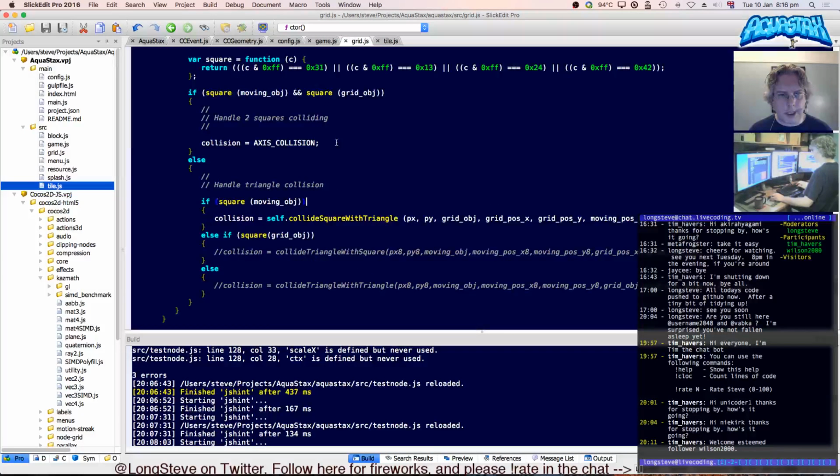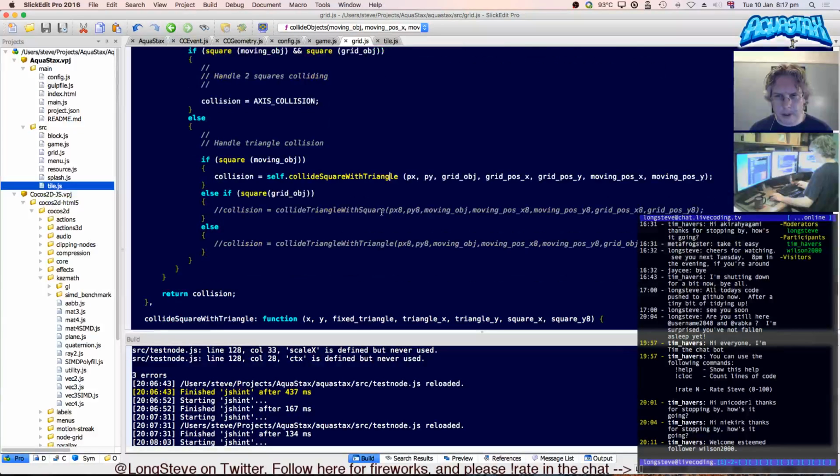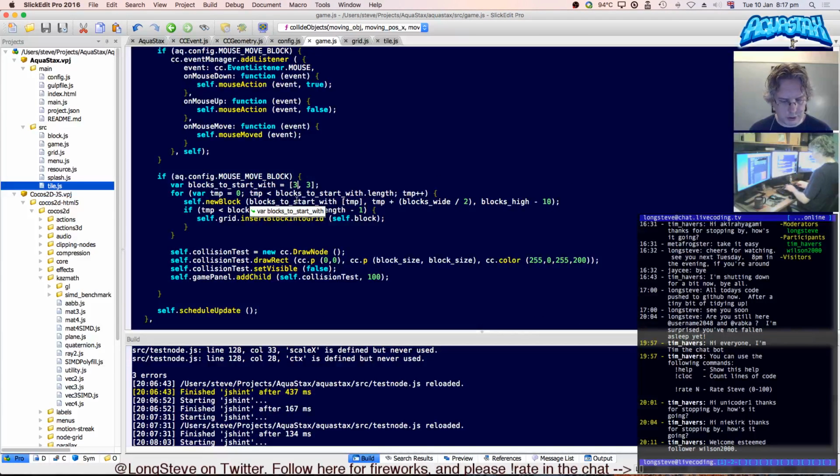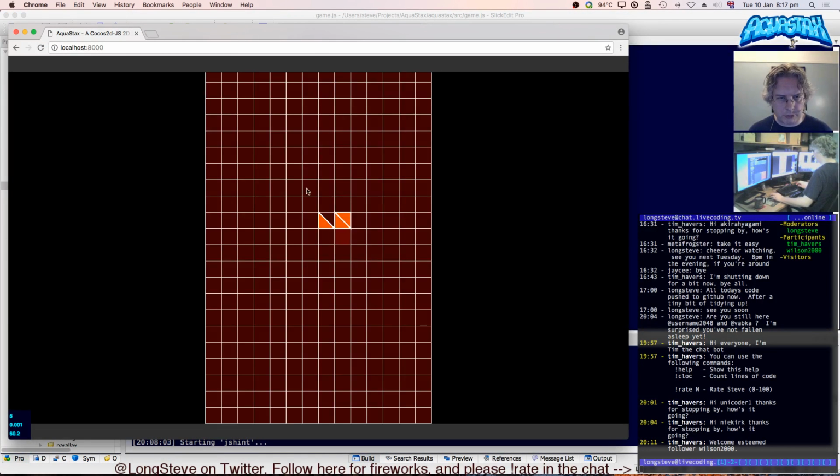And I want the fixed one to collide square with triangle. The square is going to be the moving thing. So I want the triangle to be the first, block 8, wasn't it? There it is. So there's a triangle on my grid, and I'm still moving the square around.